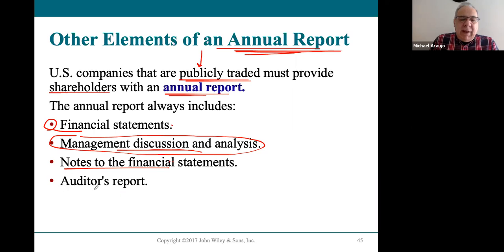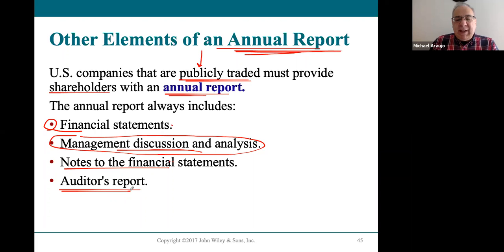And then GAAP requires that an independent accounting firm, which means an accounting firm that the company's not doing business with regularly, come into their offices and audit their books and audit their report.